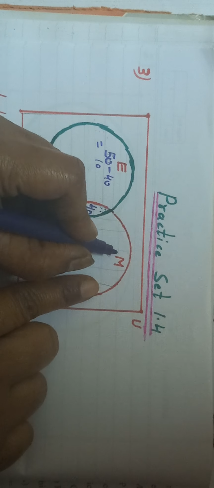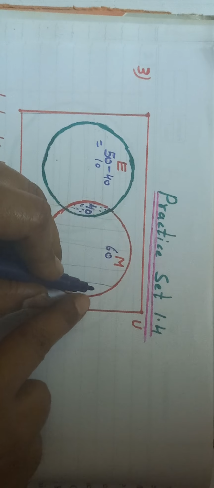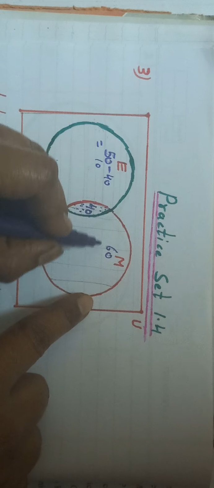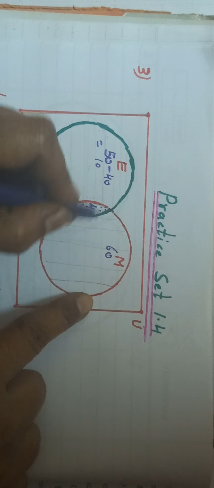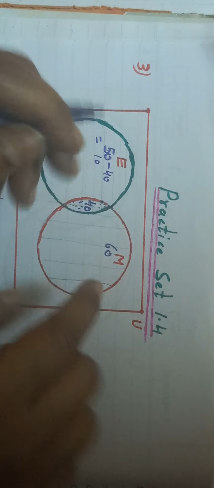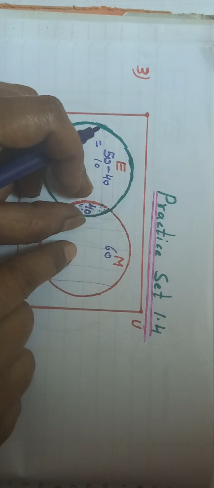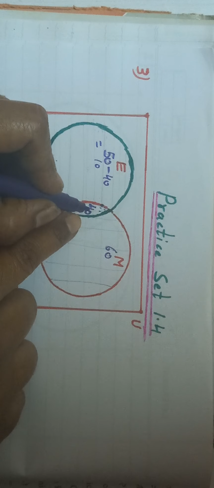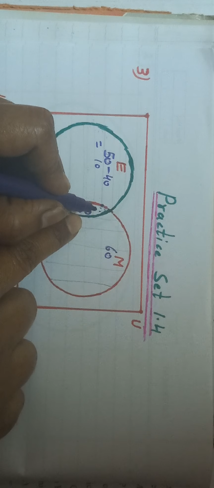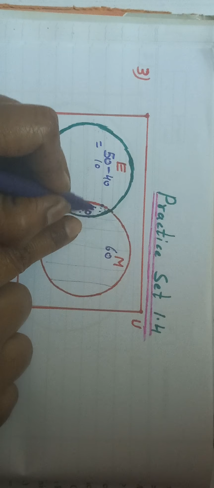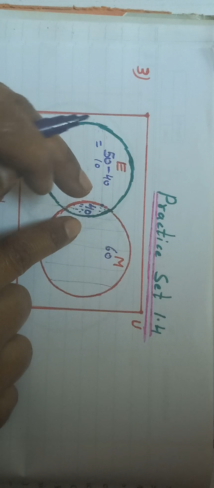Okay, in the same way, students who passed in maths, 60. I will write it like this, 60 are there. 60 means what? The red region, this full region. Correct? From here to here, 60. Only passed in maths means what? This 40 is there: some students have passed in English also. English is there and maths is also there because it's a common region. Passed in both is there.